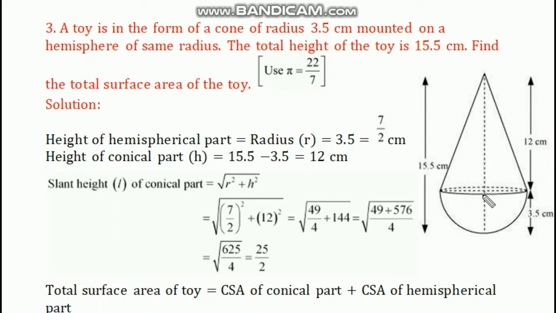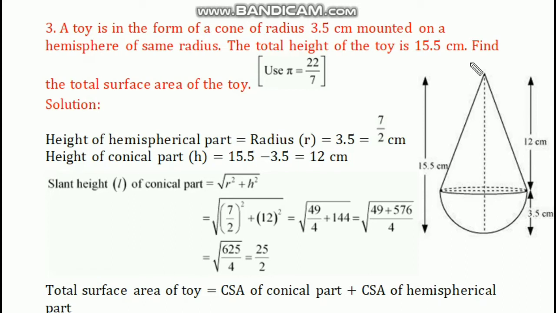We already know that the height of the hemispherical part is 3.5 centimeter, because for the hemisphere the radius and height are the same. That means, what about the height of the cone? The height of the cone is 15.5 minus 3.5, which is 12 centimeter. So we know the height of the cone is 12 centimeter, and the radius is 3.5 centimeter.